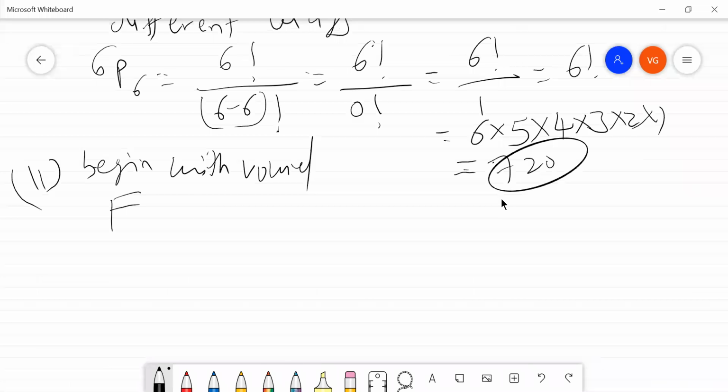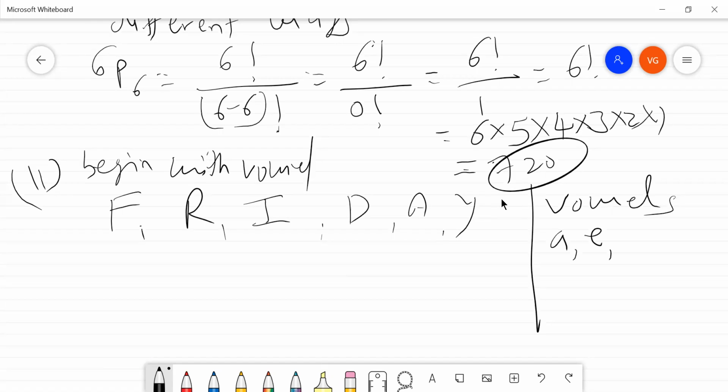In the word Friday, there are these 6 letters. How many vowels are there? You know what vowels are? What is the meaning of vowels in English? A, E, I, O, U. These are called vowels, correct? And other than these, the letters are called consonants.